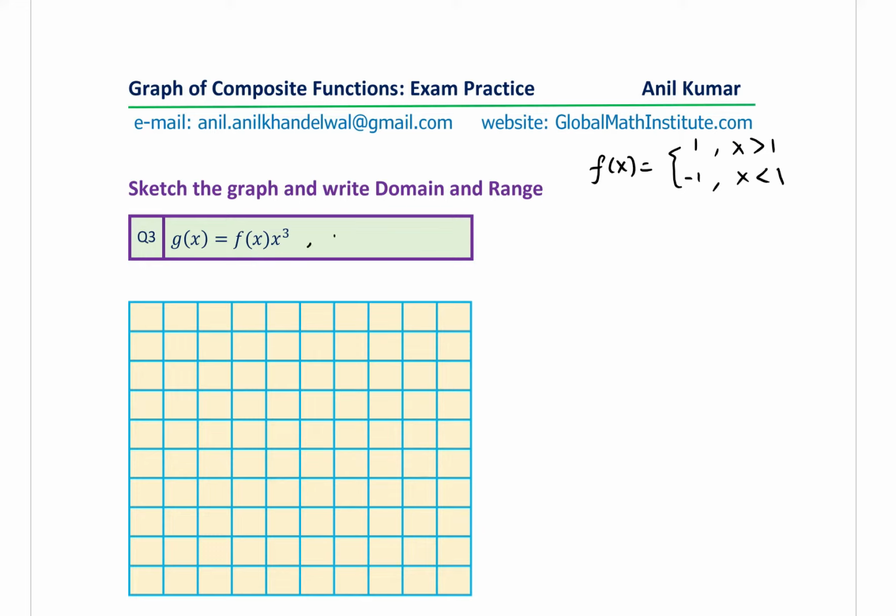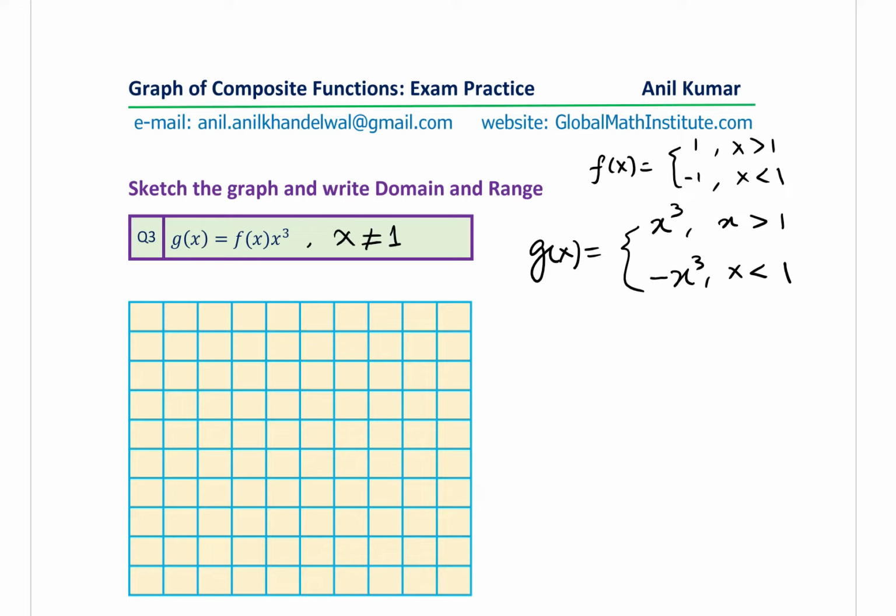So we can write here that x is not equal to 1. That is a restriction. Now we need to sketch the particular function g of x. Now g of x is the product of f of x and x cubed. So that could be written as x cubed for x greater than 1 or minus of x cubed for x less than 1. So that is the graph which we are now interested in.